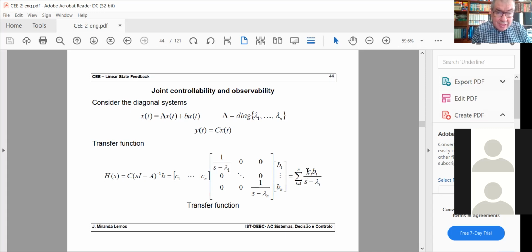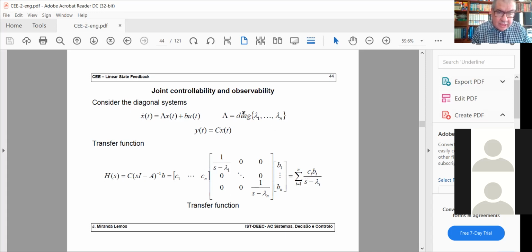In that case, I'm losing controllability or observability. I don't know which one, but one of them is for sure lost. Okay, so pole zero cancellation in the transfer function corresponds, in the state space, to loss of either controllability or observability.